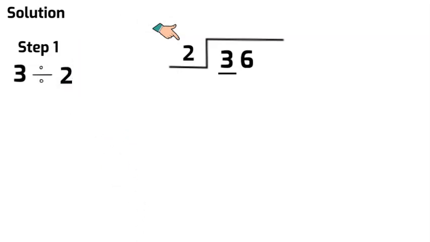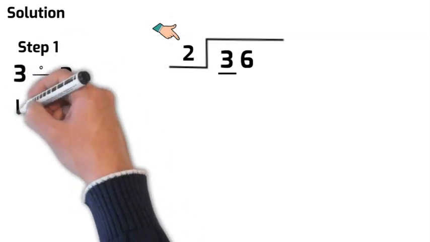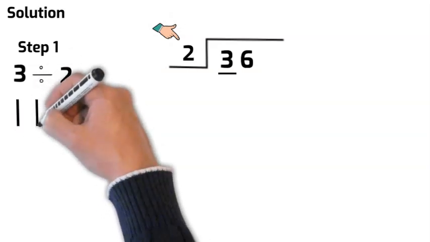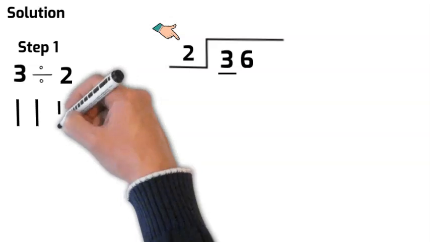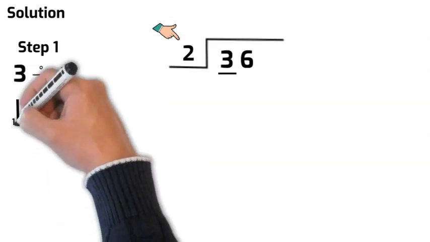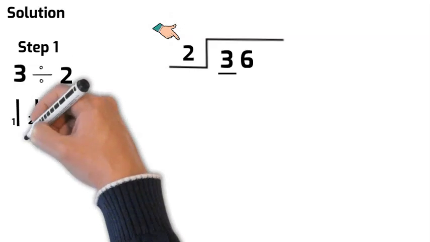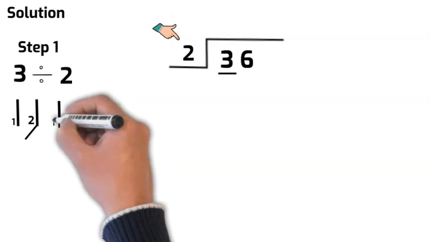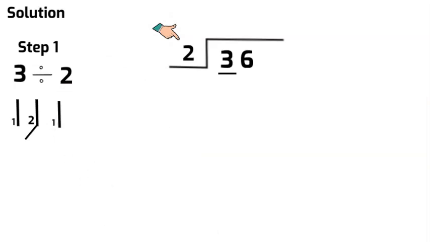Let's count. 1, 2, 3. Now, let's divide. 1, 2. Place a demarcation. 1 is not up to 2.